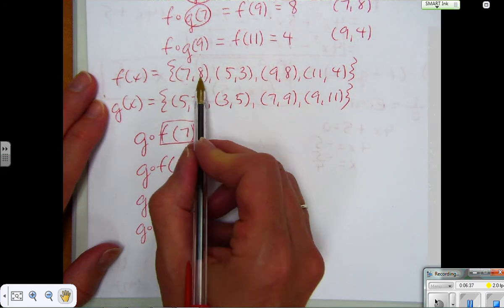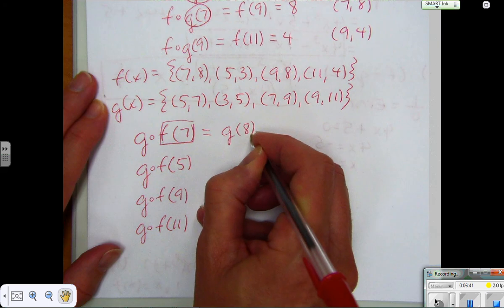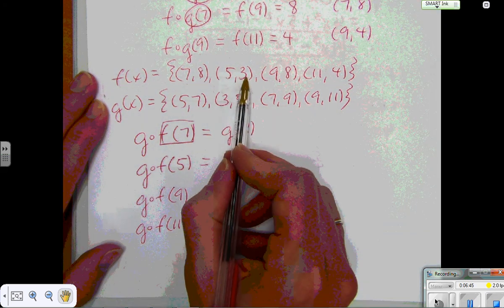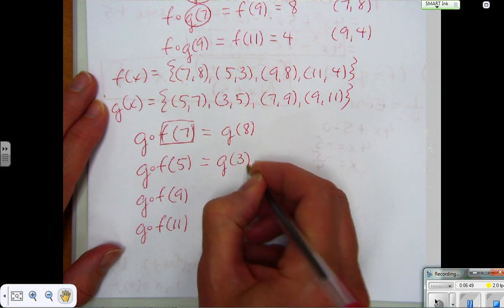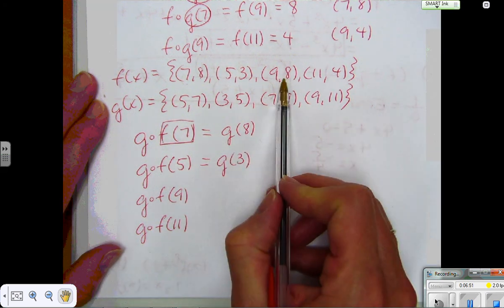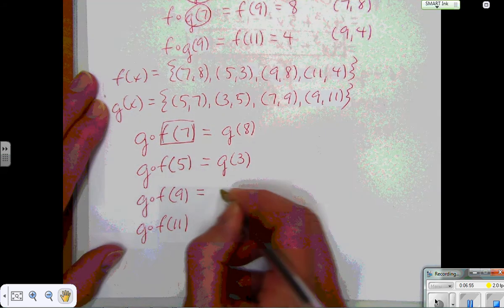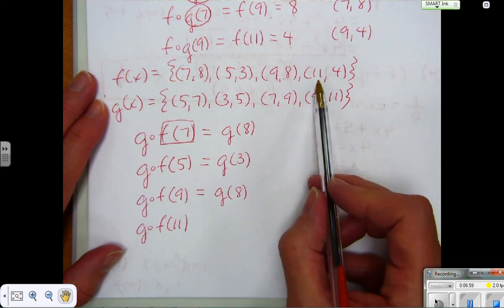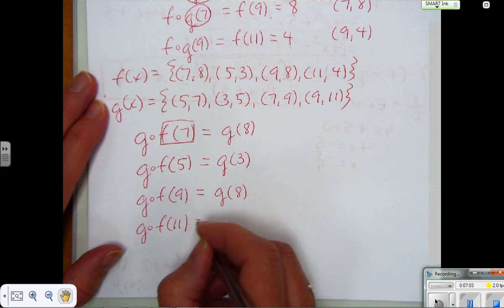So I'm going to replace that f of 7 with an 8. Next step, f of 5, the y value is 3, so I'm going to replace that f of 5 with a 3. Next one, when x is 9, y is 8, so I'm going to replace that f of 9 with an 8. And the last one, when x is 11, y is 4, so I got g of 4.